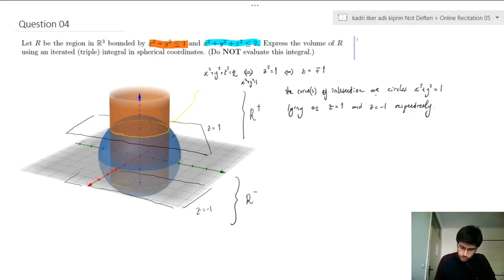So one circle lies on the plane z equals 1, the yellow circle, and the other one is in the plane z equals minus 1. So everything is fine.